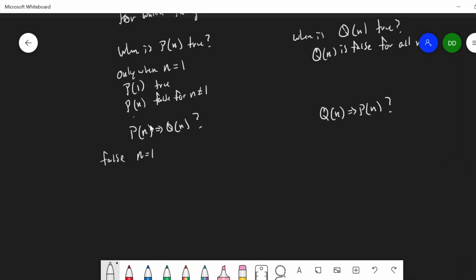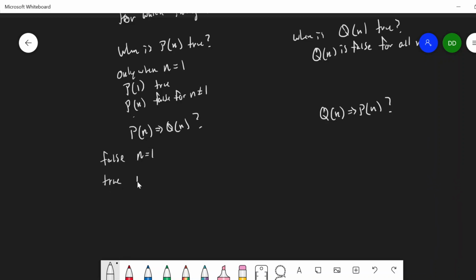Now, for anything other than 1, my hypothesis won't be true, right? P of 0 is false, and it doesn't matter if Q of n is true or false. It'll still be true that P of n implies Q of n. For all other situations, P of n is false, and so P of n implies Q of n is true for all of those.